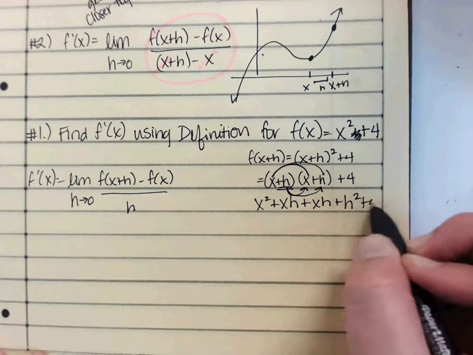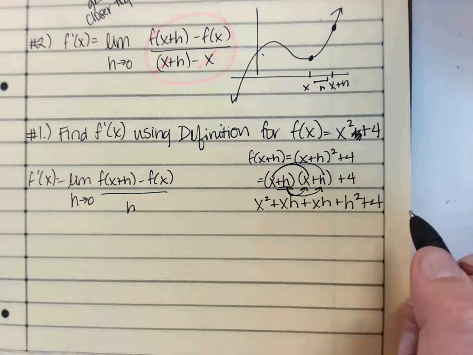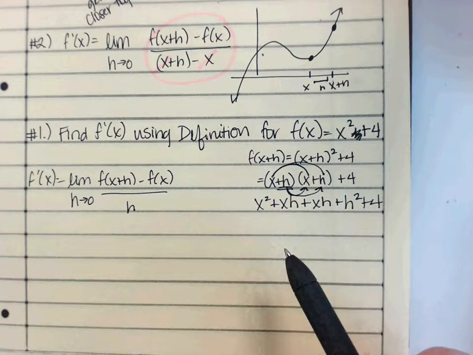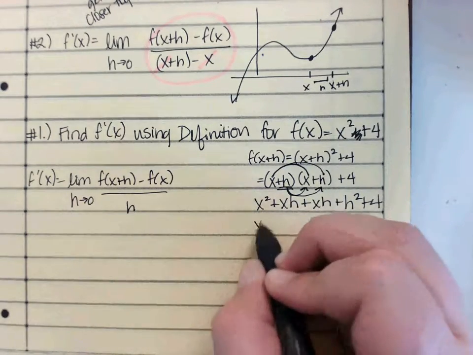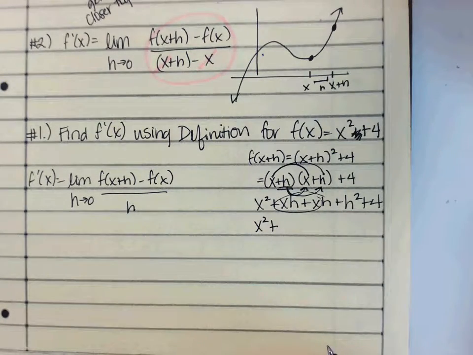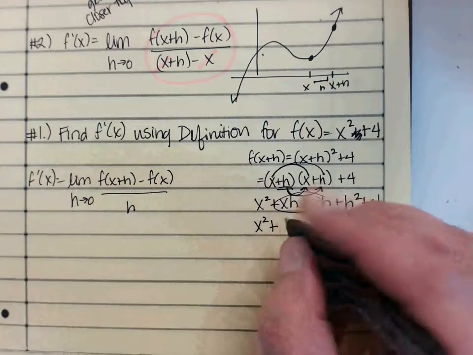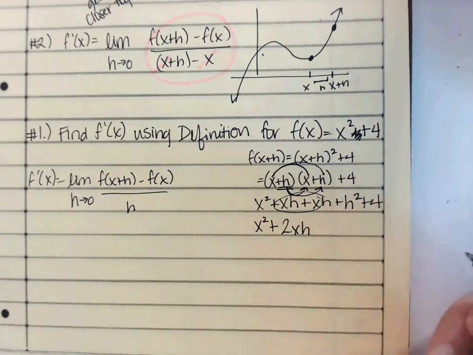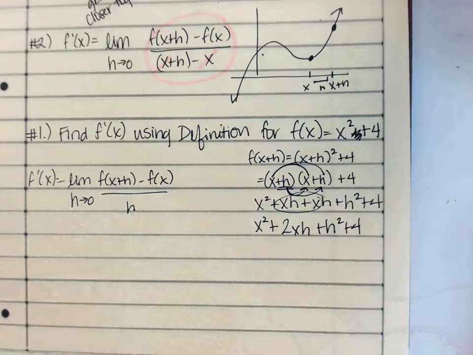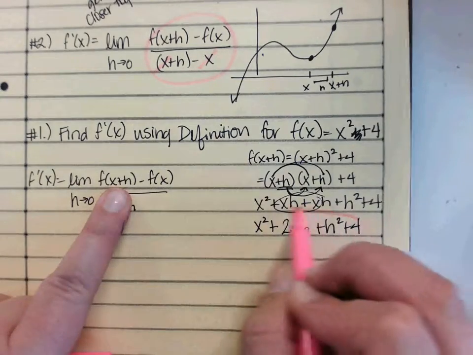H squared plus 4. Now the shortcut is that if you ever want to square something, just list the first term squared plus and then double the middle term. So if it's xh and xh, I know in my head that's going to be a 2xh. And then plus h squared plus 4. Okay, so here's what's going to happen. We're going to replace f of x plus h with this.